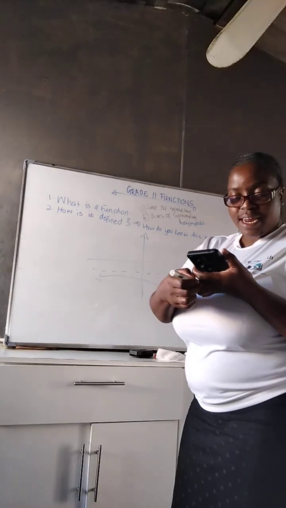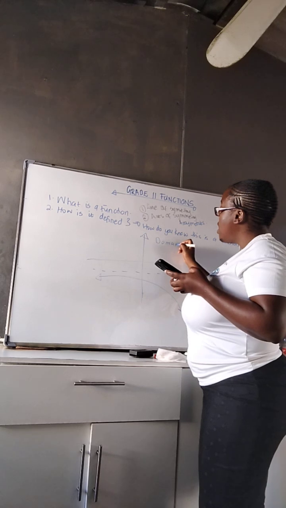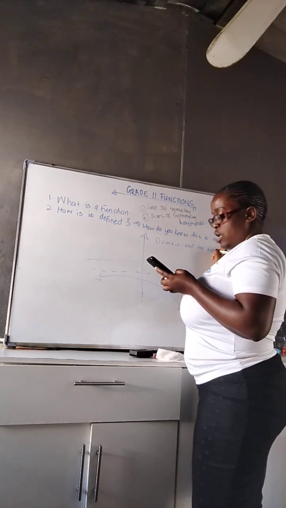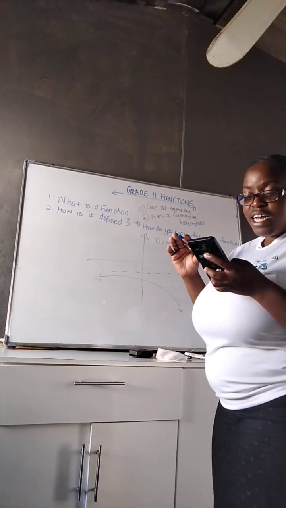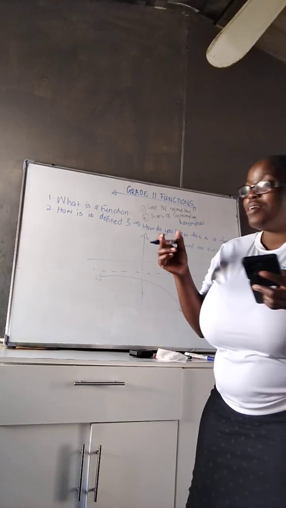Right. Number 3, we need to know the domain and the range. When you're talking about the domain, we're talking about the range of x values that are possible that will make the function be defined.